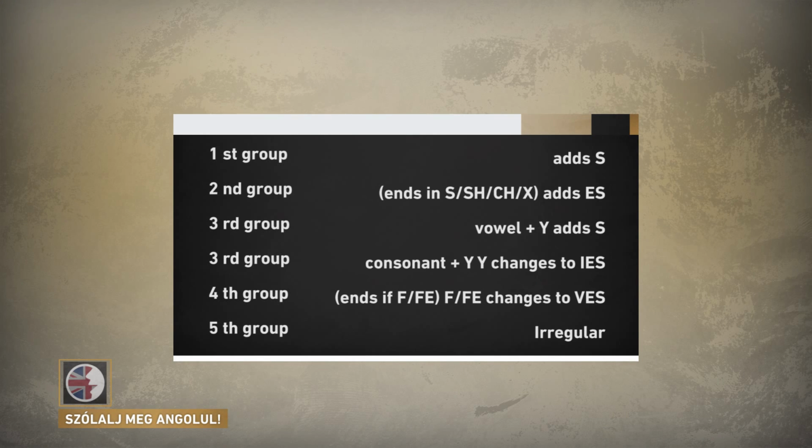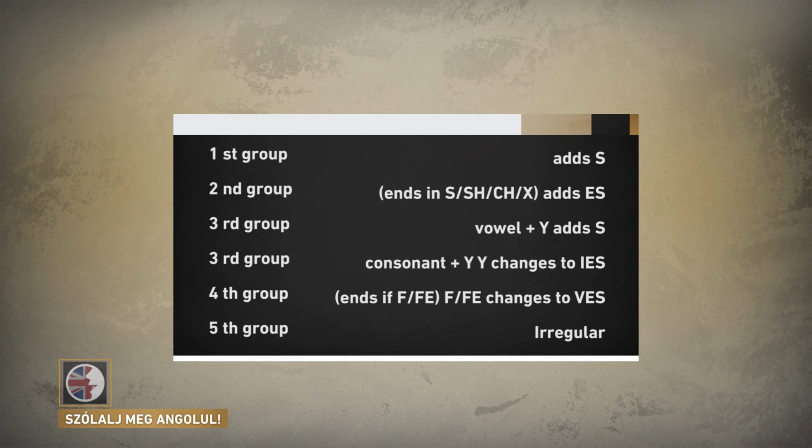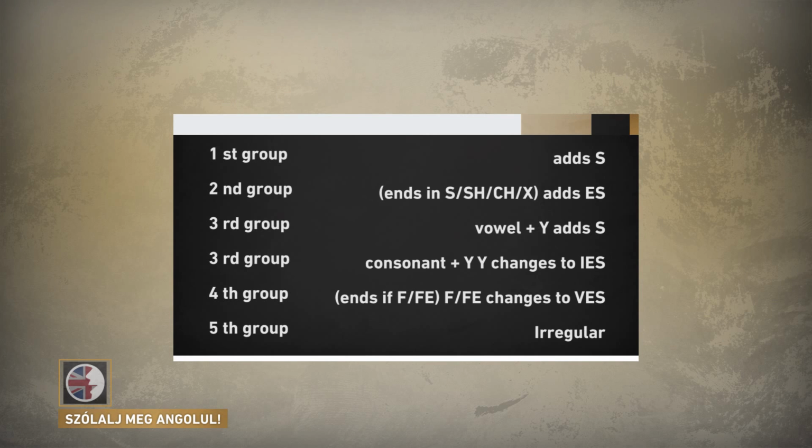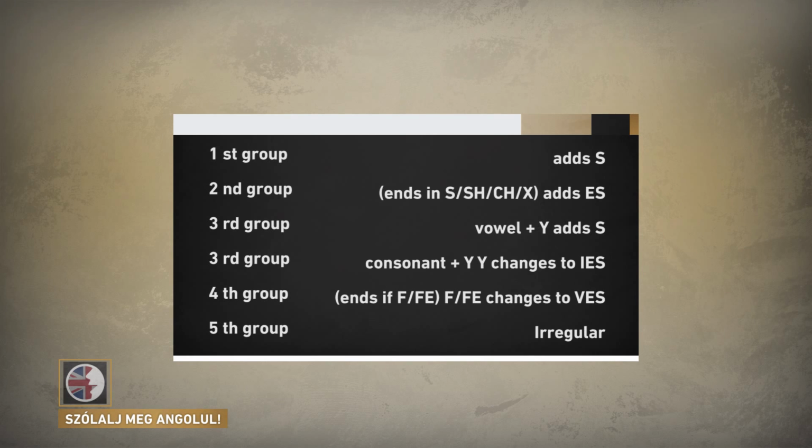These nouns end in Y. If the noun ends in vowel plus Y, we change the noun from singular to plural by adding S. If the noun ends in consonant plus Y, we change the noun from singular to plural by replacing the Y with IES. Group 4. These are nouns which end in F or FE. To make these nouns plural, we change the F or FE to VES. Group 5 are irregular. They don't use logic.